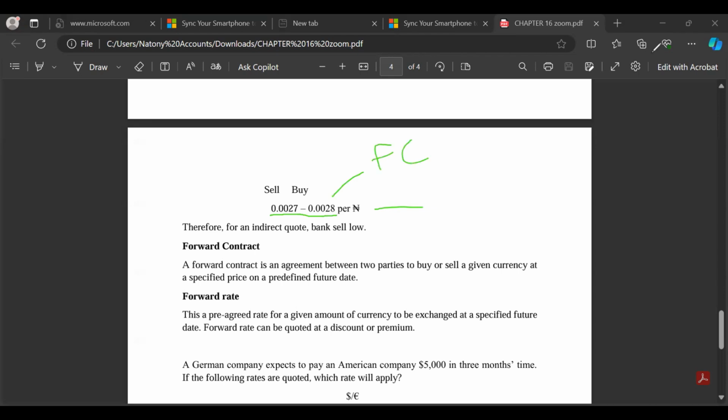For an indirect quote, the bank will sell and buy, so the selling comes first: 0.0027, 0.0028. So for an indirect quote, the bank will sell at the first rate and buy at the second rate.